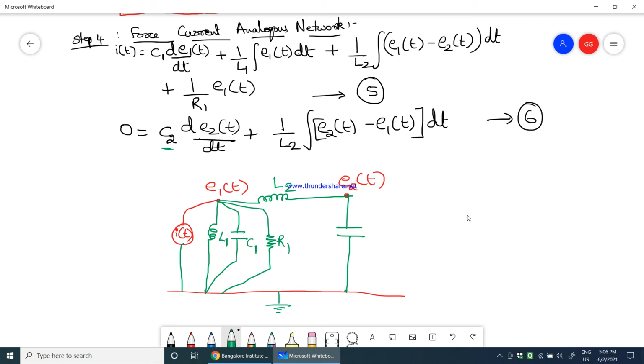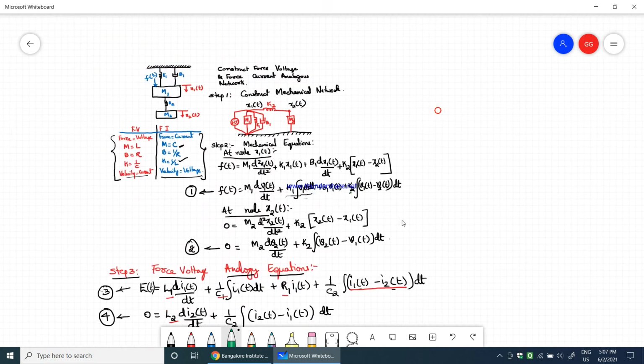Now there is one normal funda which I need to tell you. The force current analogous network structure remains the same as the mechanical network structure. So if you have seen the mechanical system, its structure was similar to this. Go back and see the mechanical network.